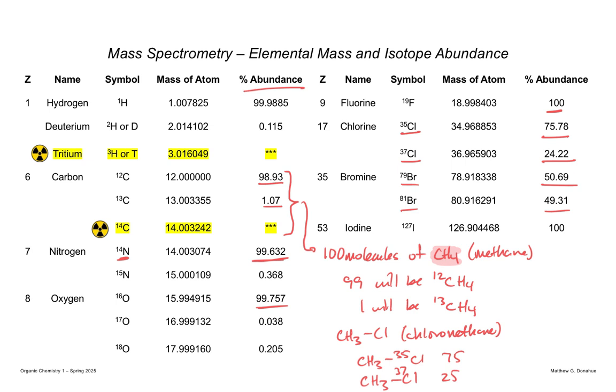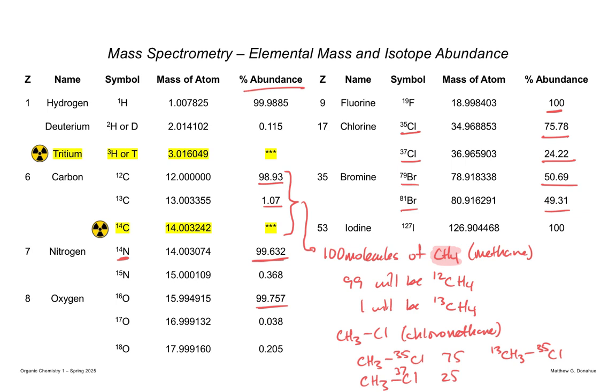Where this can get complicated, as we saw before with methane, is that it gets into statistics and probability. I'm not a mathematician or anything, but you can now imagine that carbon can still have a 12 or a 13 label. You can use those abundances to say that there's going to exist a molecule that could have a 13 labeled carbon and a 35 labeled Cl, or any permutation thereof.